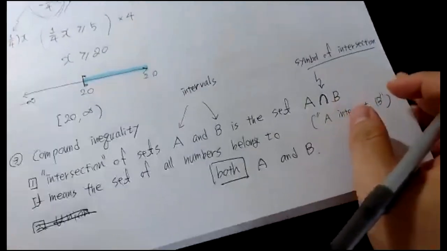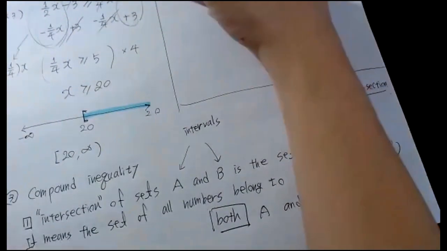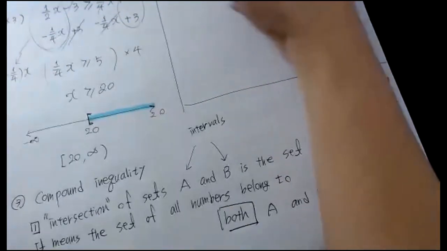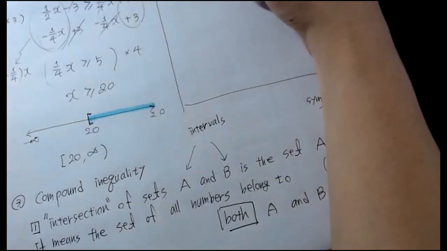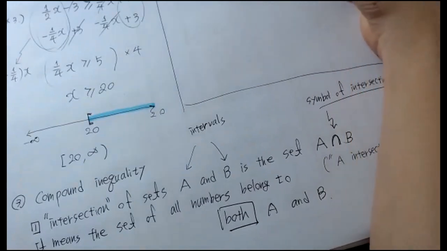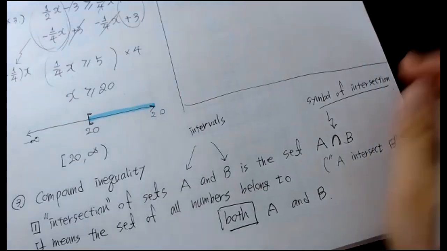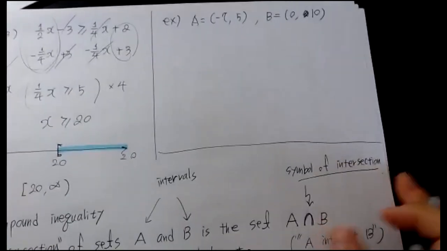So what does that mean? Let's say an example. Let's say A is negative 7 to 5, and let's say B is maybe open 0 to 10.